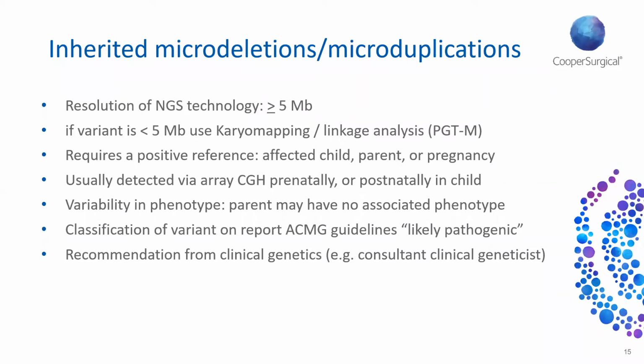So my question to the referring clinician is going to be, we do need to set up a positive reference to be able to test this via linkage analysis. So we need either stored DNA left over from testing during that pregnancy, particularly if that pregnancy did not advance further and perhaps was stopped because of the implications of the microdel or dupe.